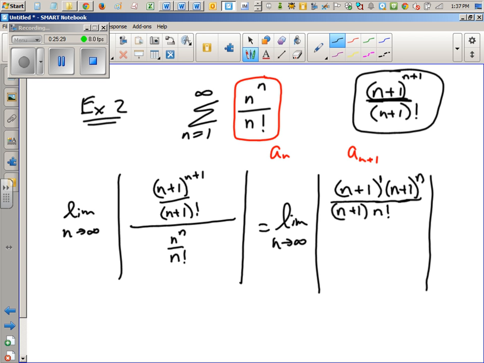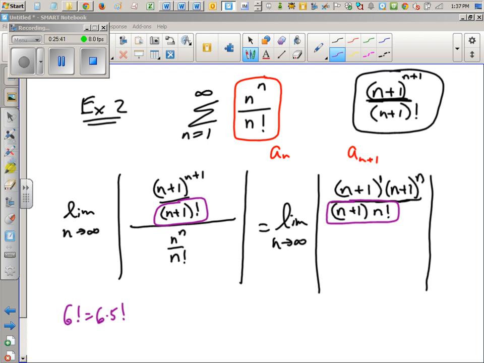So this is a little bit hard to grasp at first, but it's the same. What I just did was I just changed this purple to this. It's like saying 6 factorial is the same as 6 times 5 factorial, which you guys would all agree with. Isn't that true? And 4 factorial is the same as 4 times 3 factorial. So n plus 1 factorial is the same as n plus 1 times n factorial.